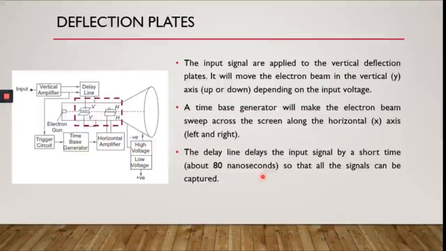Very, very short time. But the purpose is so that all the signals that are captured from the input can be displayed on the time axis. Okay, again, there's a lot of technical details here. I'm not going to go into the technical part to explain how this happens because it's beyond the scope of our topic.